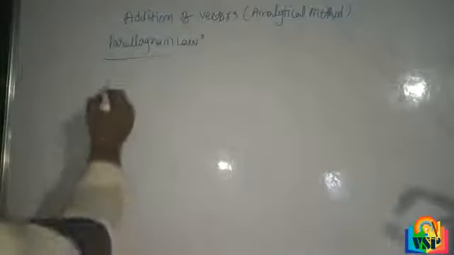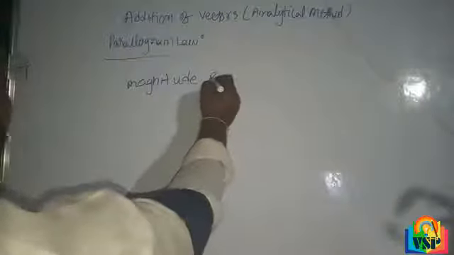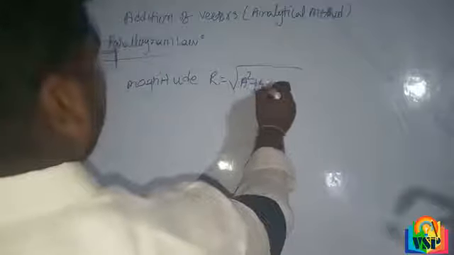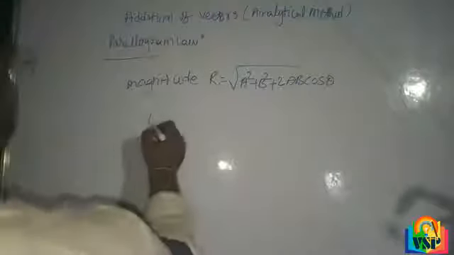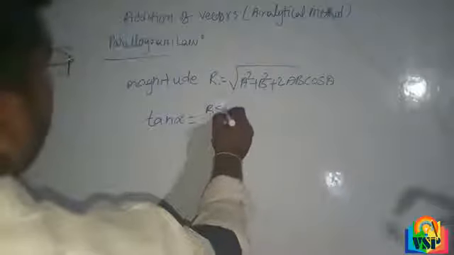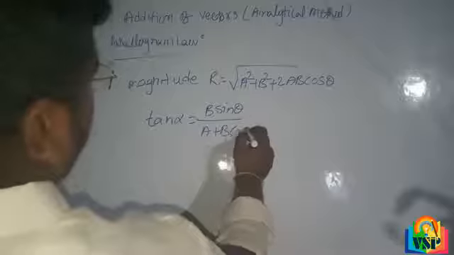Coming to some cases: first is magnitude, second is tan alpha is equal to B sin theta by A plus B cos theta.